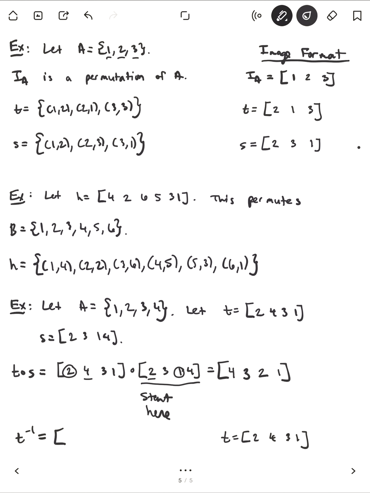T takes 1 to 2, and so the inverse is going to take 2 to 1. T takes 2 to 4, so the inverse is going to take 4 to 2. T takes 3 to 3, and so this will also take 3 to 3. And T takes 4 to 1, so this is going to take 1 to 4.